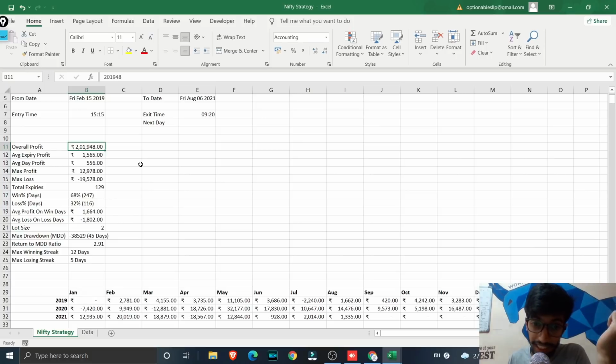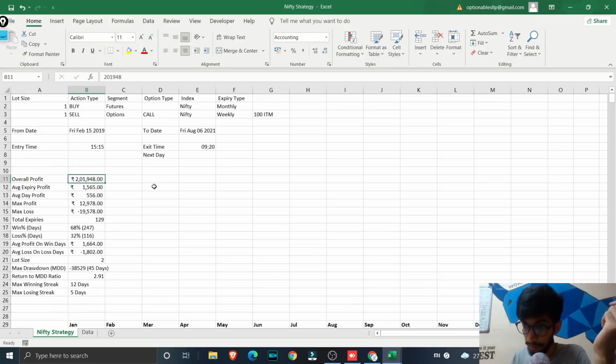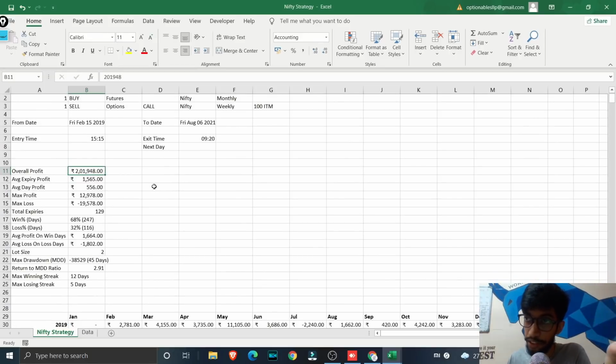But you can see that this strategy has worked out well even during the period of COVID, because the premiums you would have received would be very high. Still, for extra safety, you can go and buy another far out of the money put option, something like 600 or 700 points away.